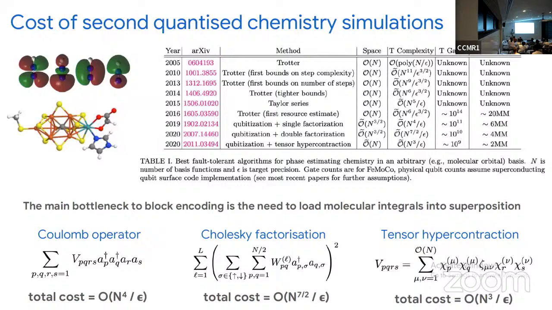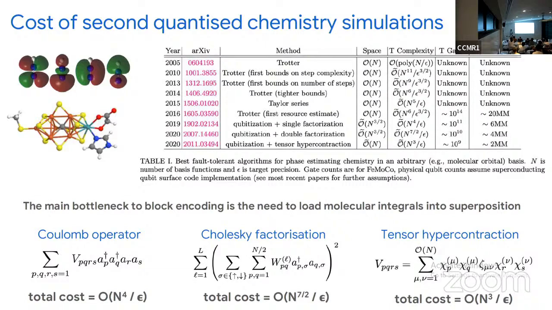So you might have something which is quite a complicated molecule, but can be represented with only, say, 100 orbitals or so, which is quite a small number. But since the classical complexity of simulating this goes exponentially in the number of orbitals, that's going to be classically intractable. The capital N that you see here is the number of orbitals.